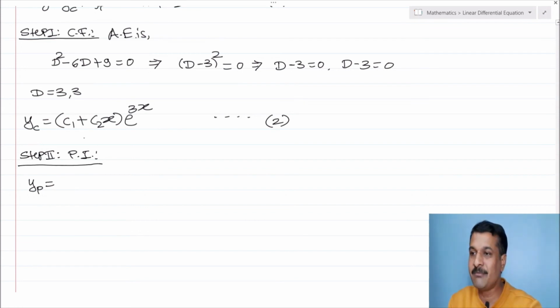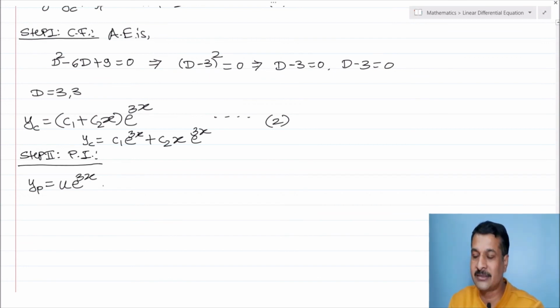So yc I can write as c1 e raised to 3x plus c2 into x e raised to 3x. So c1 and c2 are replaced by u and v. So yp equal to u into e raised to 3x plus v into x into e raised to 3x. This yp we have to find.